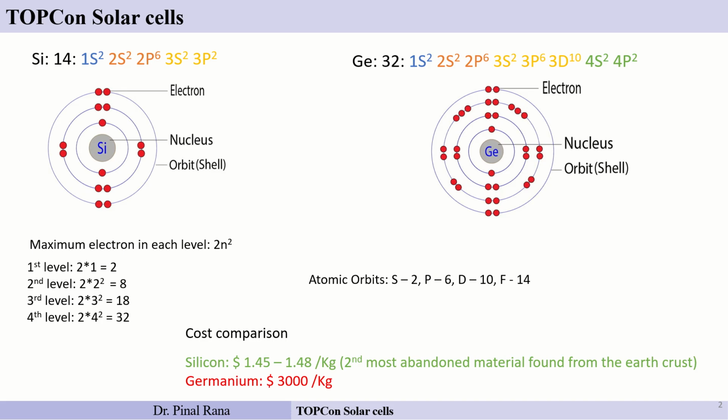Whereas the commercial silicon solar cell that is available in the market provides an efficiency of around 25, 26, 27%. So for all commercial purposes we are using silicon based solar cells, whereas for space applications or high-end applications we are using germanium based solar cells.